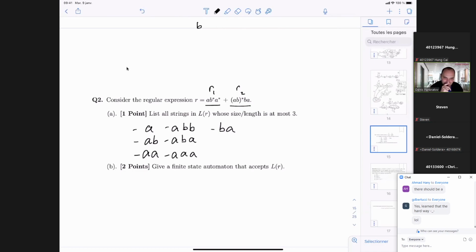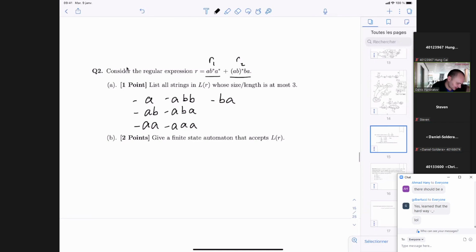Okay. And next, we're asked to give a finite state automaton that accepts L of R. And here we can, for instance, use this idea that I mentioned earlier. First, we give an automaton for L of R1, and it looks like this. We would have an initial state, and we need to have an A transition.